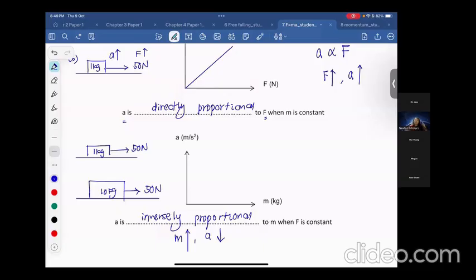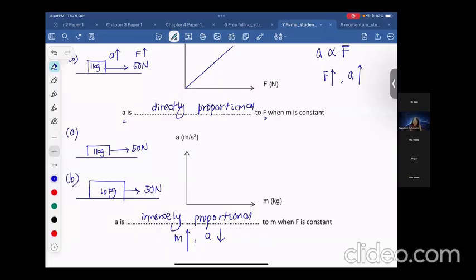Starting, the trolley is empty. You push it. Then after that, you add in the liquid detergent, the rice, the toothbrush. You add a lot of things inside your trolley. Suddenly your trolley mass increases. It becomes very heavy. So now, boys and girls, I want to ask you about A and B.